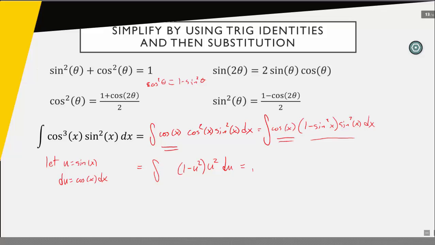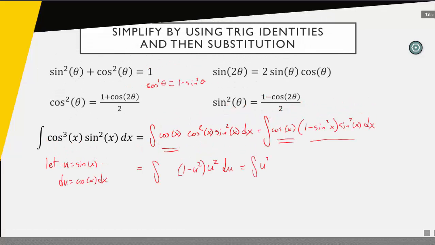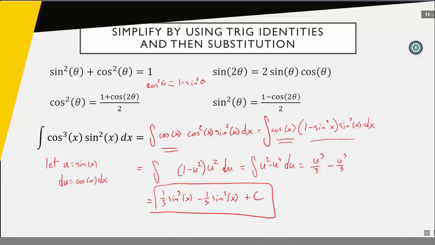So in fact, let's just finish this up by distributing that u squared to get u squared minus u to the fourth du, integrating to get u cubed over 3 minus u to the fifth over 5, and then replacing our u's with sine of x to get 1/3 sine cubed of x minus 1/5 sine to the fifth power of x, and then don't forget that constant of integration. And so there's my antiderivative there.